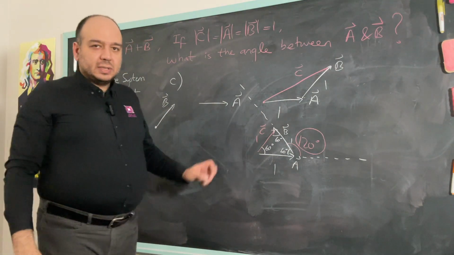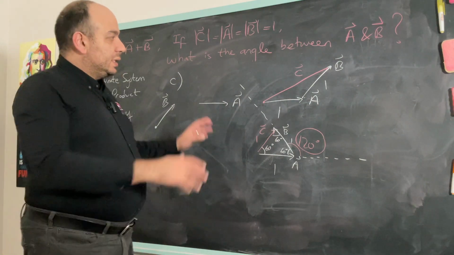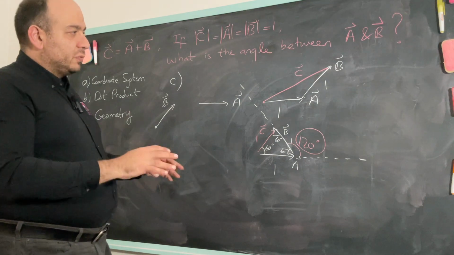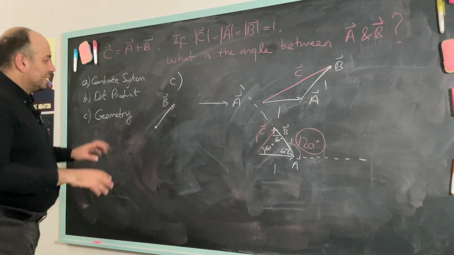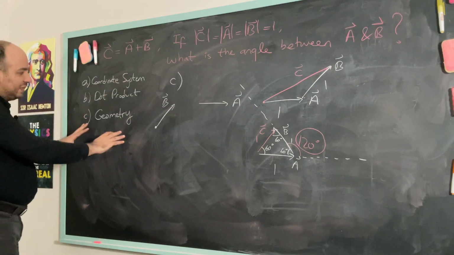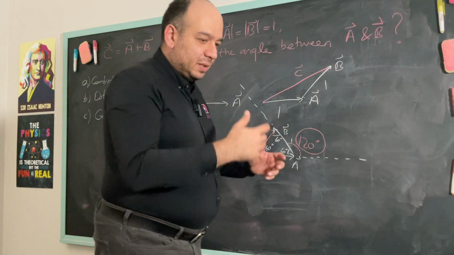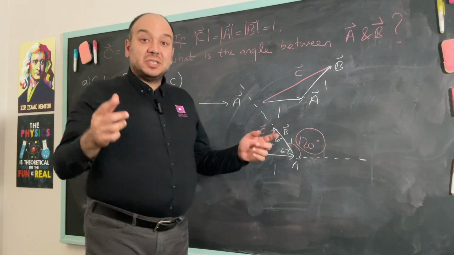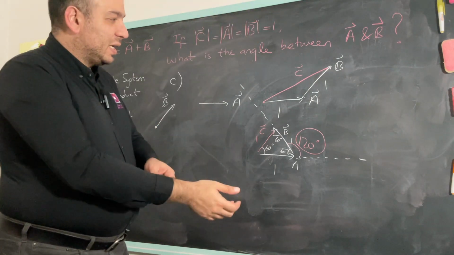I hope you enjoyed it. I'll try to solve more problems like that. As you see, getting a solution is one thing in physics, it's important, but being able to apply different methods, being able to solve a given problem in different ways, is actually more crucial on the path to become a physicist.